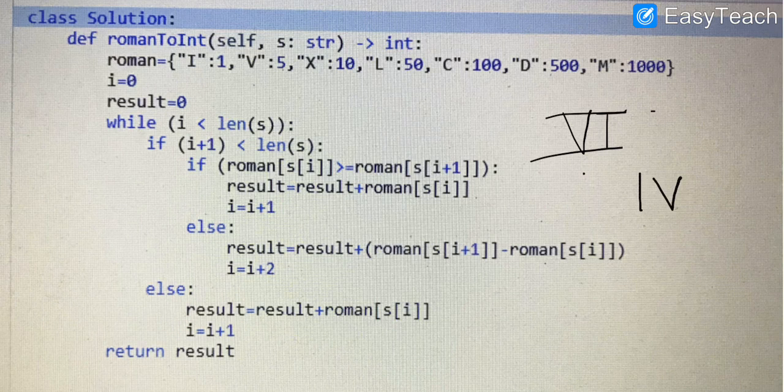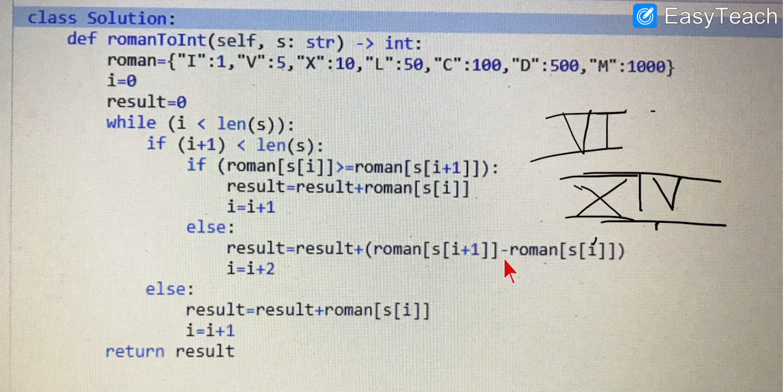But when we look at conditions like 4, let us consider the case of 14, where it first checks if s of i is greater than s of i plus 1, and the condition is true. Initially i would be pointing to 10, so 10 would get added. So when it looks at this one, here it gets into this else part, because s of i is less than s of i plus 1.